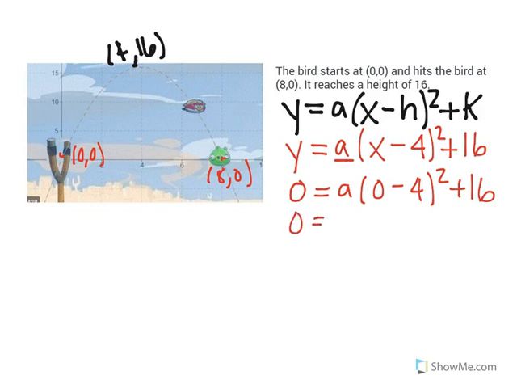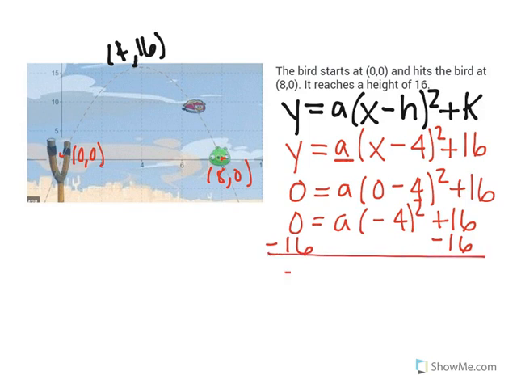Now I'm going to simplify my equation. What I want you to do when you are solving these is, before you do any squaring, go ahead and move the 16 over because we don't want to accidentally combine anything together. So I'm going to get negative 16 equals a times negative 4 squared.